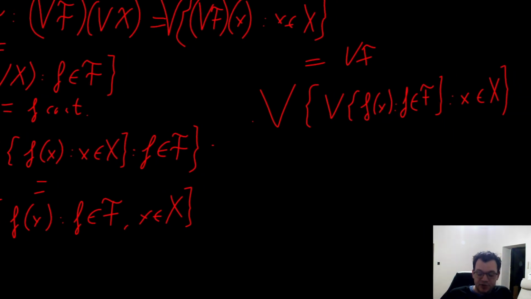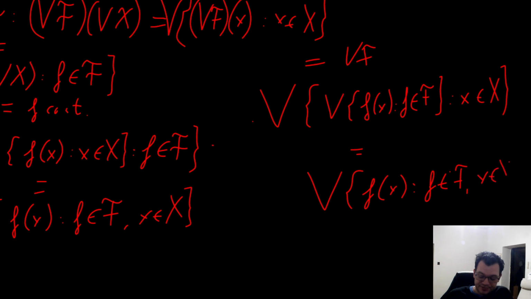But still you can flatten this whole thing, and this will be the same as the supremum of all the values f of x for f in F and x in X, which is great because these are the same, right? So you just have to iterate all the functions and all the values, and that will be the result. Now that's good.